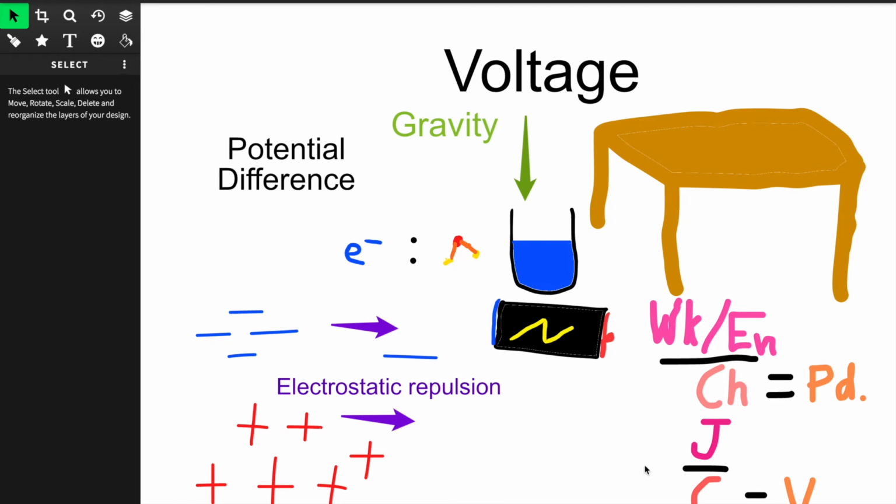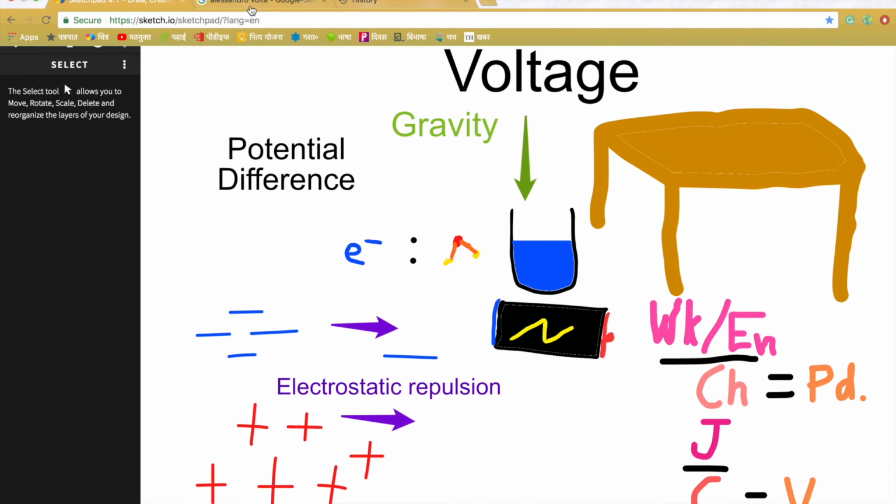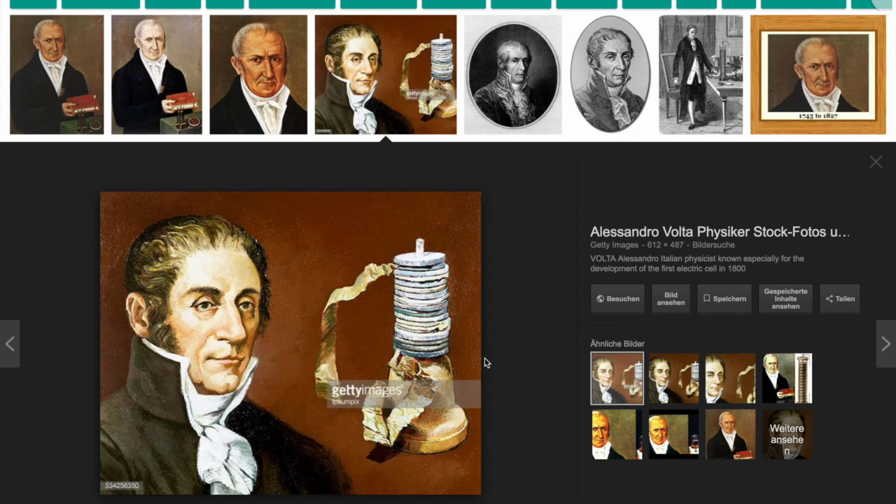So if you want to find the amount of energy each coulomb can do, then you divide the number of joules by the number of coulombs, and then you get a unit called volts. A volt is 1 joule per 1 coulomb. That means every single coulomb of charge is able to do 1 joule of work, and it's called a volt. It's named after this dude, Alessandro Volta.